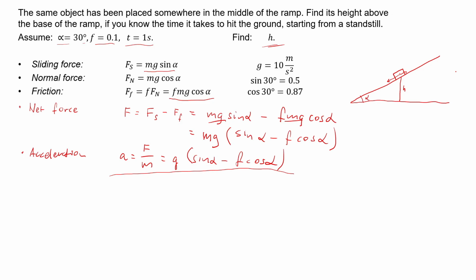And now it is important to notice that the distance traveled by my object depends on, I will change the color, it's this line here, and it can be found from a triangle like this one.